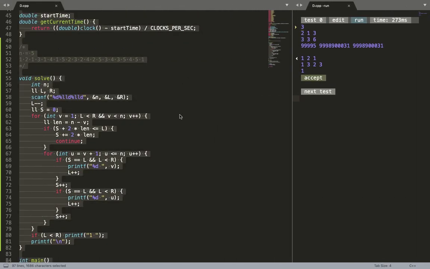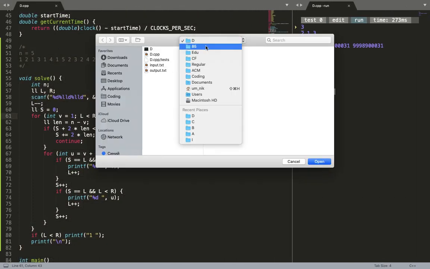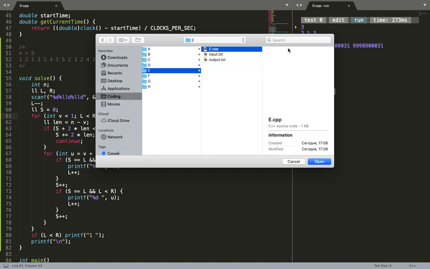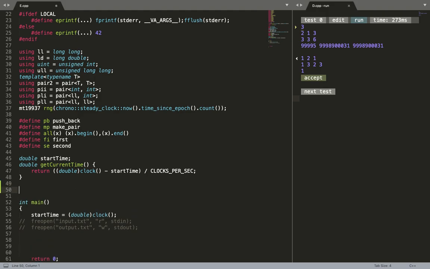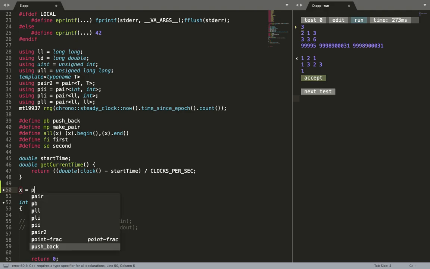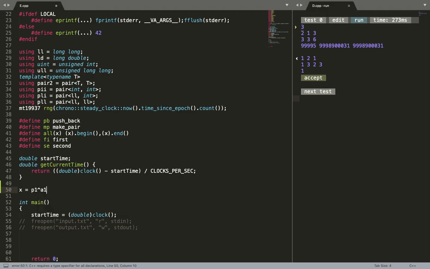Okay, so let's unravel. The first thing that we use is that each number has the form of a product of prime powers.